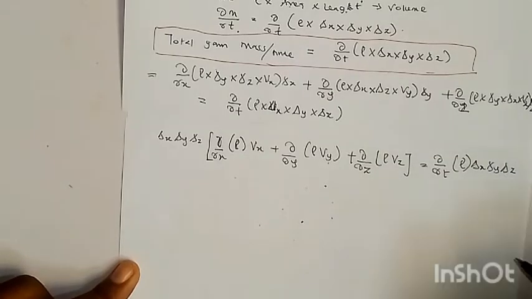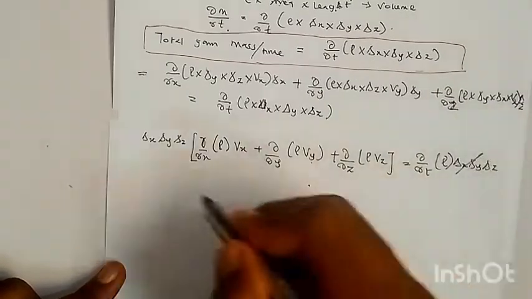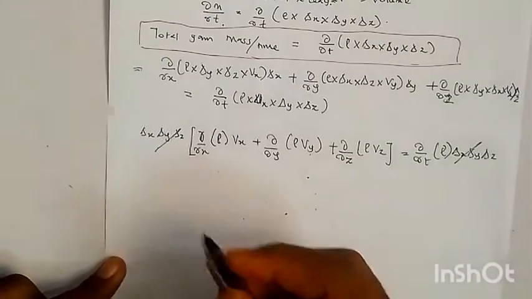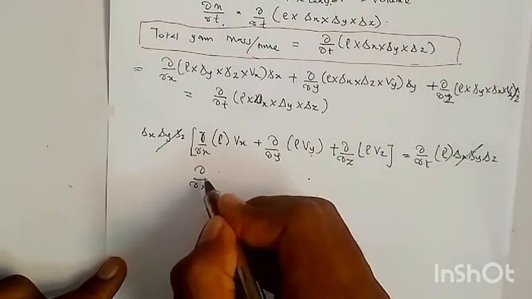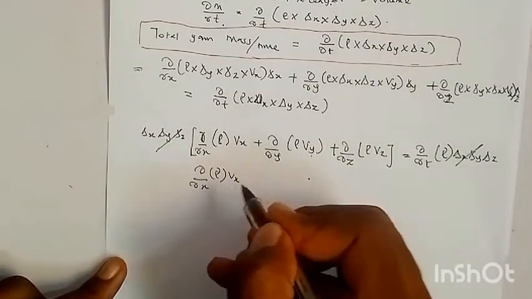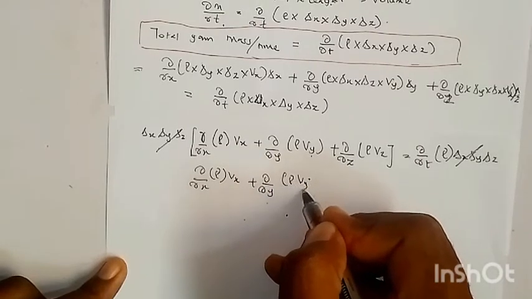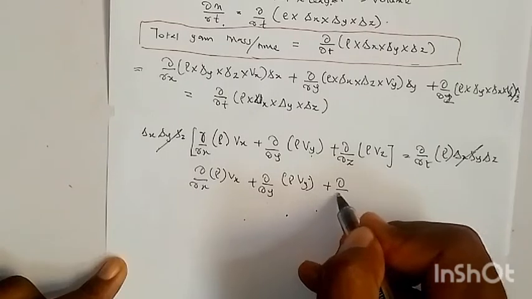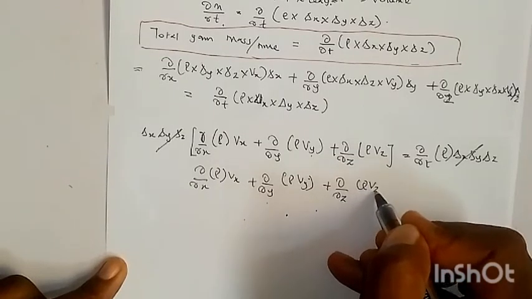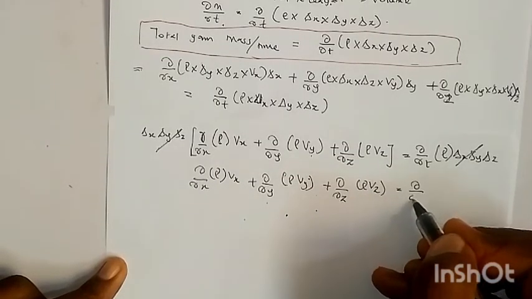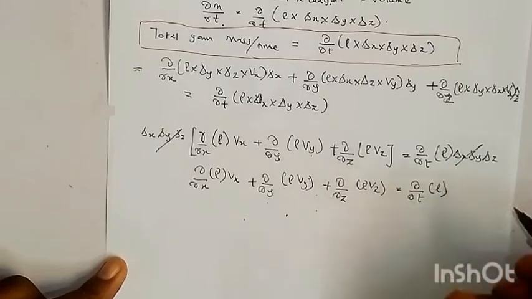So we all know that this will cancel out. So I'm left with d/dx times density vx plus d/dy density vy plus d/dz times density vz equal to change with respect to t of my density.